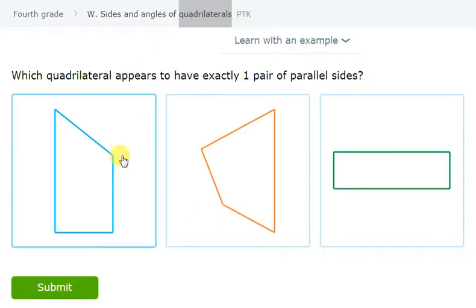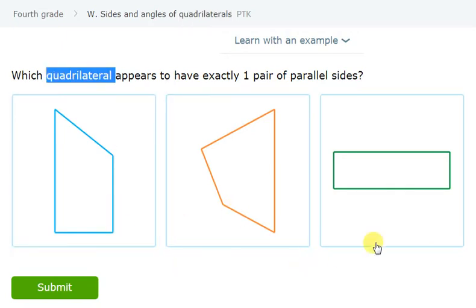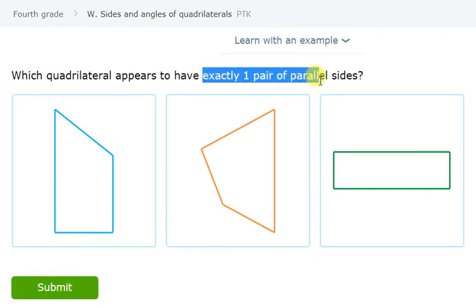Okay, here we have our first question. We are given three quadrilaterals here and we are supposed to pick the one which appears to have exactly one pair of parallel sides. Among these three quadrilaterals, you will pick the one which has exactly one pair of parallel lines.